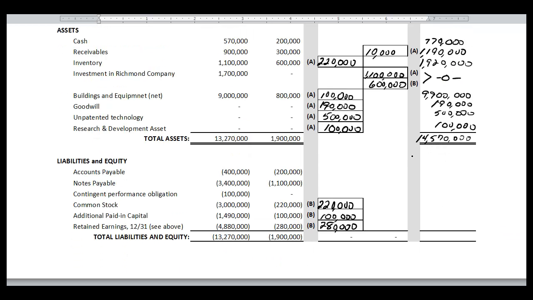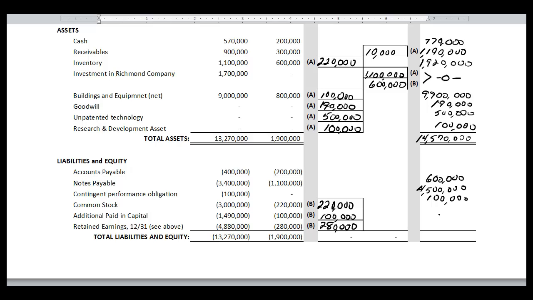And if I then crossfoot all of my liabilities and equity, and I'm going to leave out my brackets here, okay? The reason they have these brackets, they're not negative numbers, obviously, they're credits. So I have $600,000 of payables, $4,500,000 of notes payable. My contingent obligation is still sitting there at $100,000.